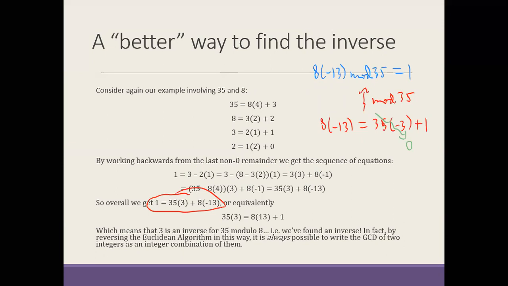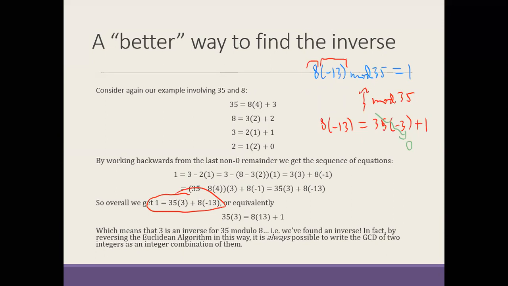So what does that tell us about the number 8 and the number negative 13 mod 35? They're inverses, eh? They are inverses of each other. And by the way, that's sort of weird because here the inverse of 8, one of the inverses, is a negative number. Yeah.